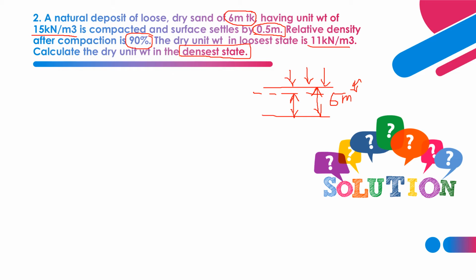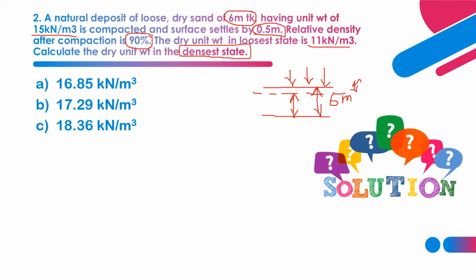Just try for some minutes and give the answer. Your options are option A 16.85 kilonewton per meter cube, option B 17.29, option C 18.36, option D 19.46. Just think for a minute. The timer will be running slowly.